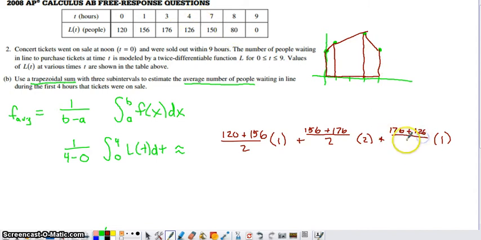So it's a calculator problem, so once you have this expression composed, you can go ahead and toss this into your calculator. The only other thing that you're going to have to realize is that this is just estimating the integral here. It doesn't take into account this 1/4. So whatever the answer for that sum is, we're going to have to make sure we multiply it by 1/4 to turn it into an average value of the function calculation.